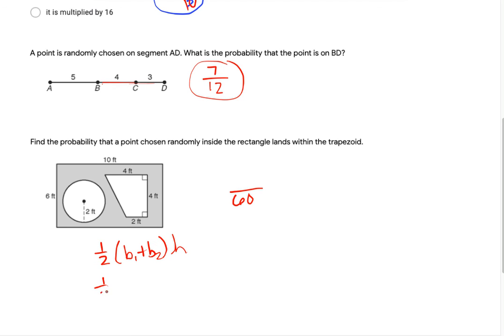So I have 1/2 times 2 plus 4 times 4. So I have 6. So I have 12. And I think this is given in a decimal form, so that's 1/5 or 0.2 is your probability.